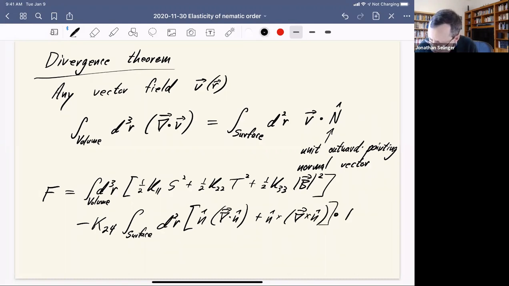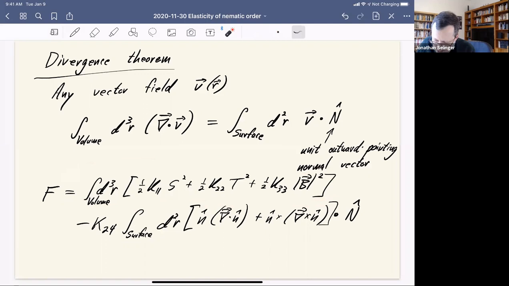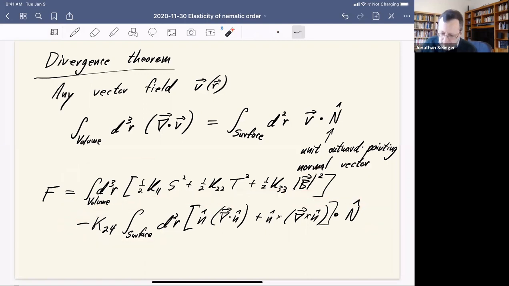All of this dotted into the unit outward pointing normal vector. Okay, so in that case, you have a free energy, which is the combination of this volume integral and this surface integral. Okay.